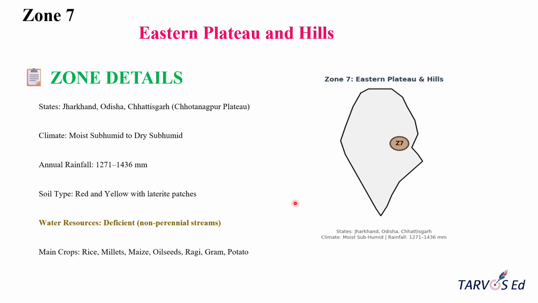Okay, so what are non-perennial streams? Streams that don't flow year round, only during the monsoon. Okay, so that's why I was saying it is rain-fed with coarse grain cultivation in the region. So this is the main takeaway from this region.